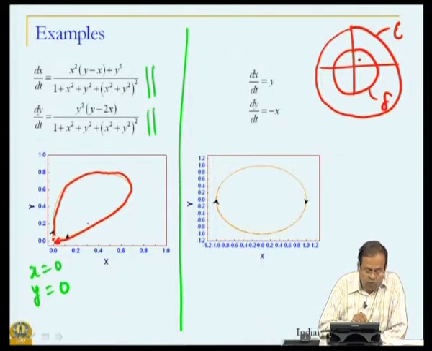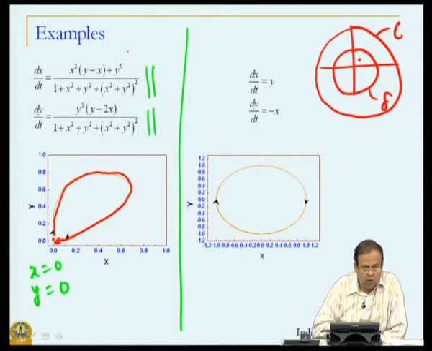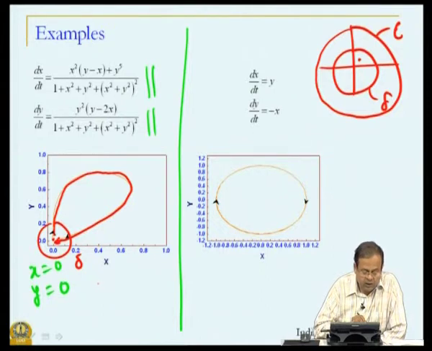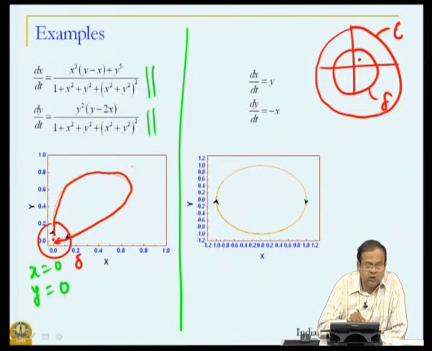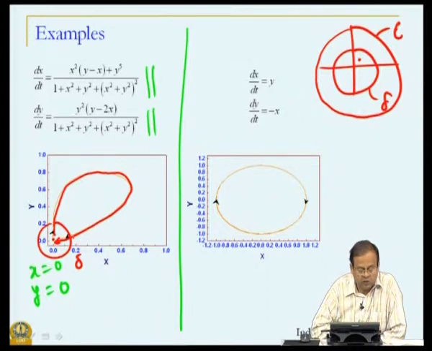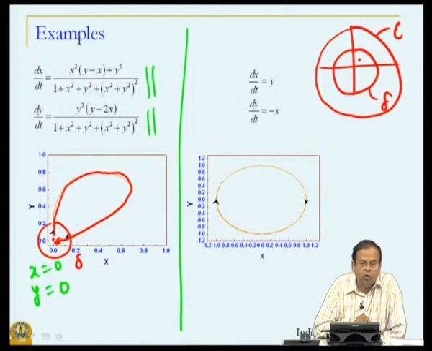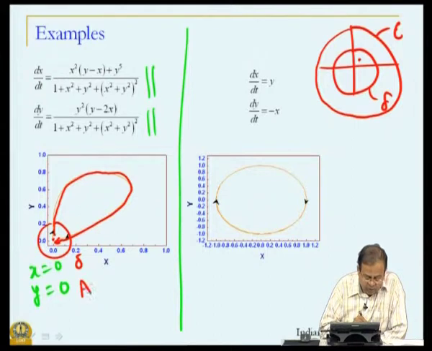Now, it turns out for this particular example on the left hand side, it is impossible to find, for a starting point in some region delta, an epsilon such that the solution is entirely within this epsilon region. So, it is an attractive state, that is solutions eventually go to x equal to 0, but it is not a stable state. So, this is an example of attractive but not stable.